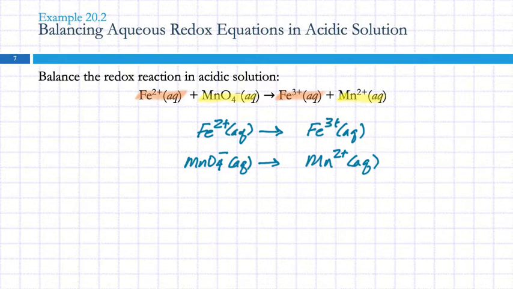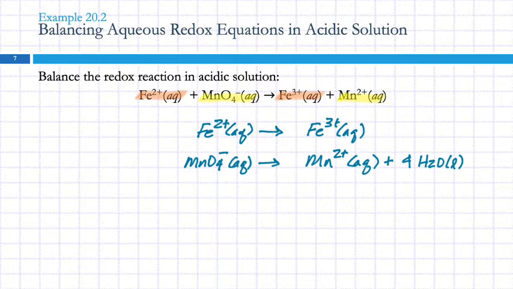We're going to use water because this is an aqueous solution. There is water in the solution. So I'm going to add water over here. Water's a liquid at room temperature. And in order to get 4 oxygens, I'm going to need 4 water molecules, okay?